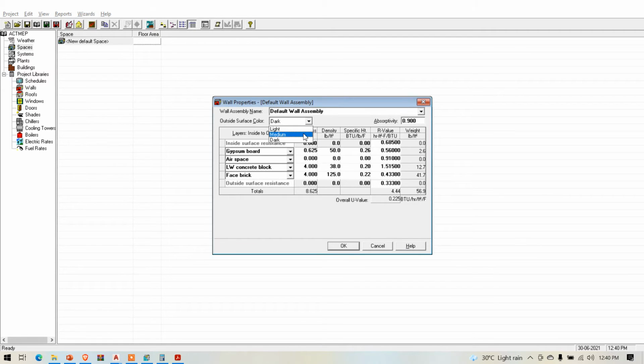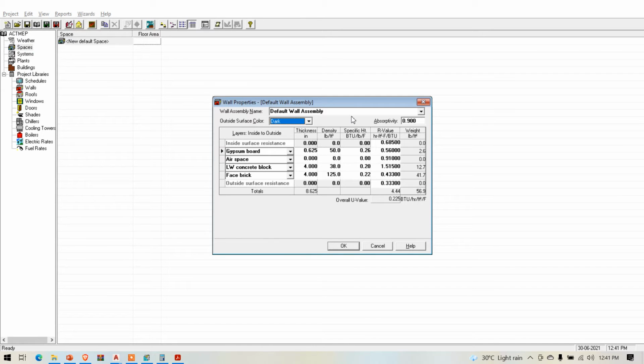They give this because if you take light or medium, the heat absorption will be less compared to dark. Since we don't know what color they are using, because the architecture people didn't mention anything, we always go with the high option, which is dark. Even if they consider a lighter color tomorrow, whatever cooling load we provide to the room is more than sufficient. So I am going to consider always dark.